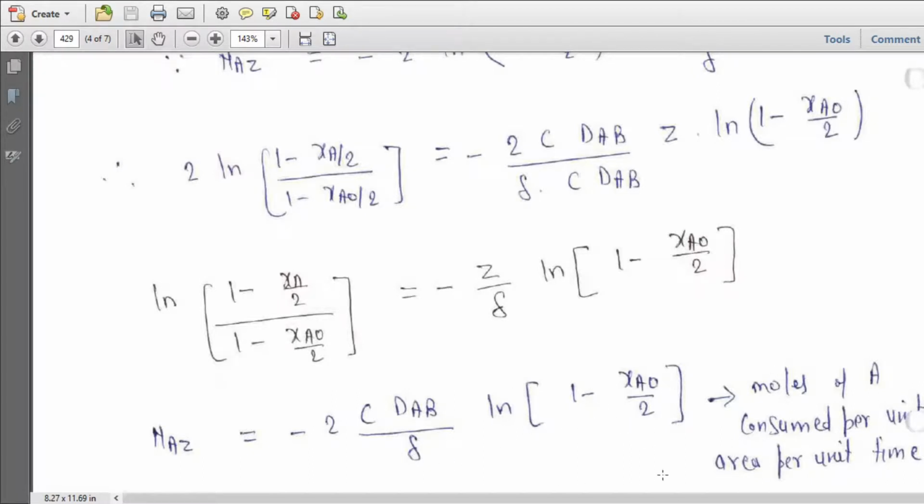So this is the rate of consumption of A per unit area per unit time. This equation can help to find the mole fractions or concentrations at any position Z within the film.